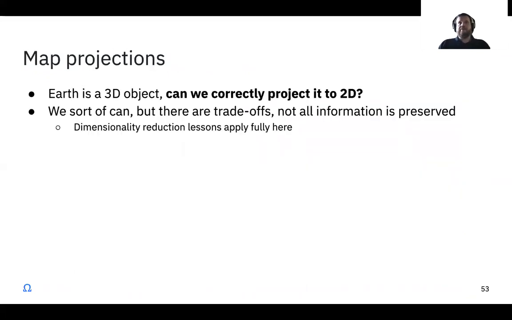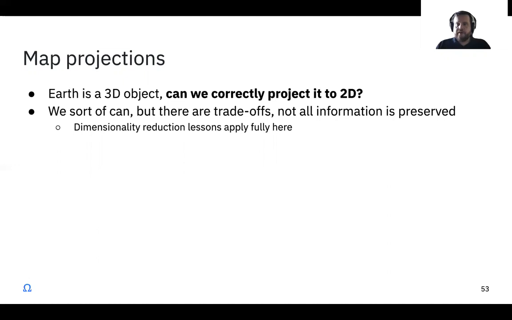Before we start drawing things on the map, we have to realize that a map itself is a visualization of the Earth, right? Earth is a 3D globe. How do we actually project it to 2D, which we then use to project our data on? So note, this is not a cartography class.